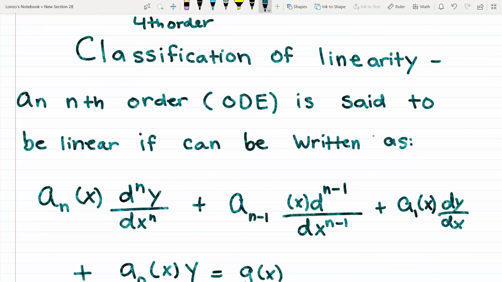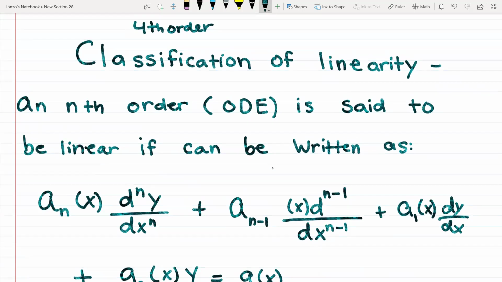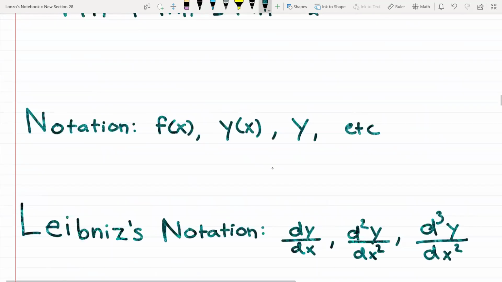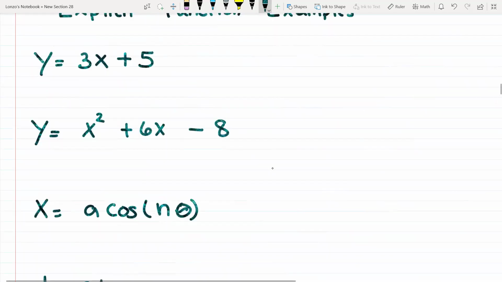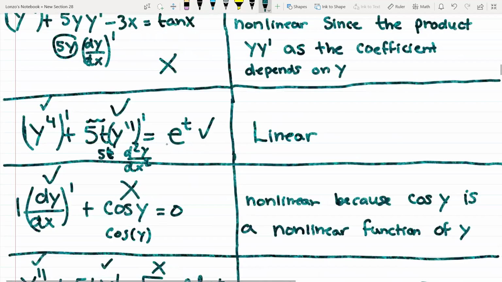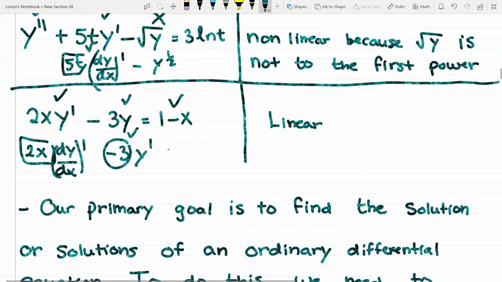Okay, classification of linearity. An nth order ODE is said to be linear if it could be written as this. So it's kind of like the examples we did, or exactly like these examples.